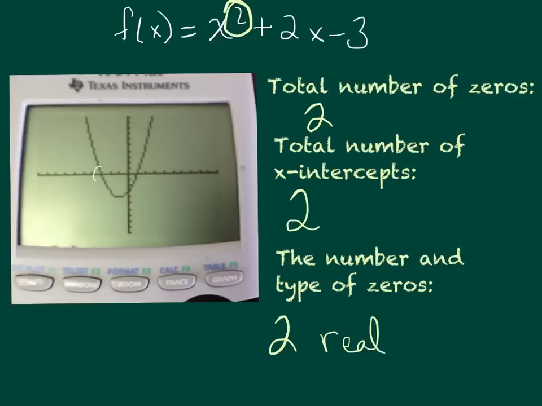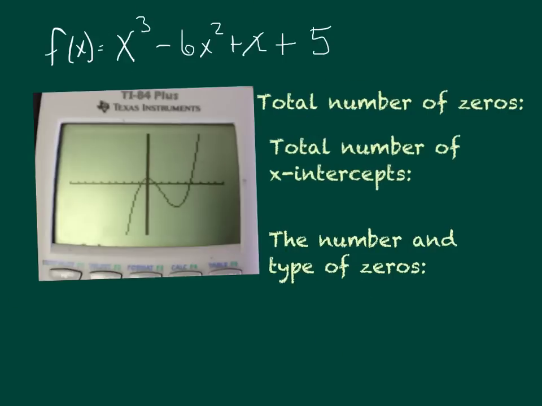We can see that easily on the graph by your 2 numbers there. Now, if we look at a cubic function, similarly, we can have up to 3 zeros. The total number of x-intercepts would be 3, and the number and type of the zeros would be 3 real, since these two match up.